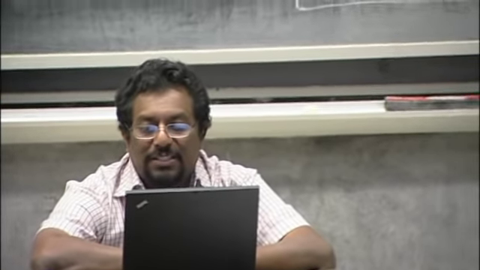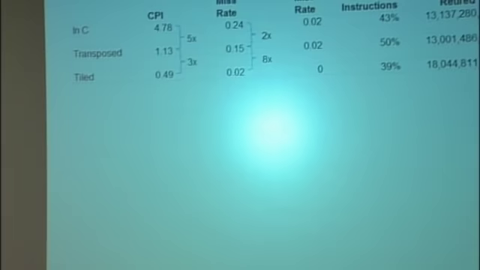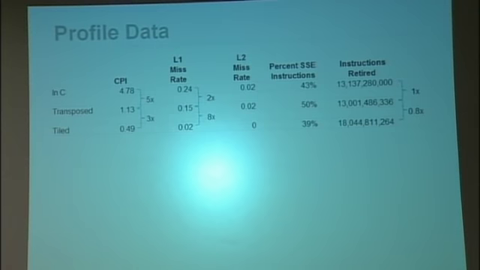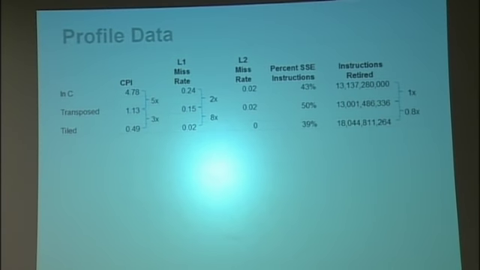Now when you look at what happens here, I am actually executing a little bit more instructions. Why? Because I did block matrix multiply, so I am doing a little more overhead. I have more loops in here. My inner loops are small, so I am executing more instructions. But I have a huge cache performance gain.